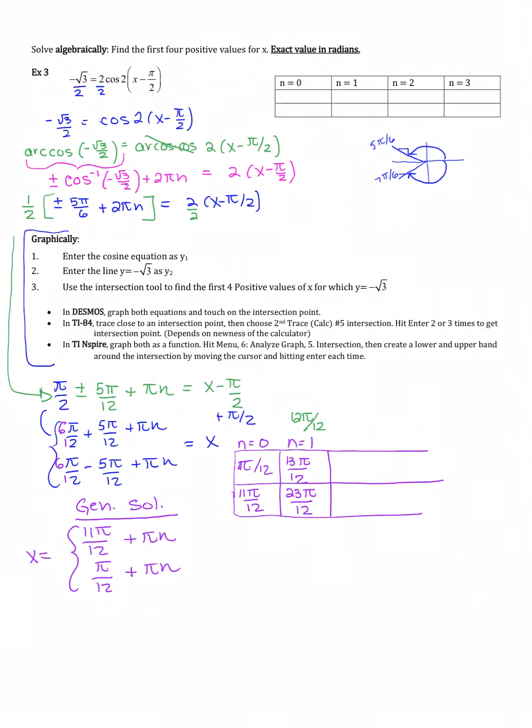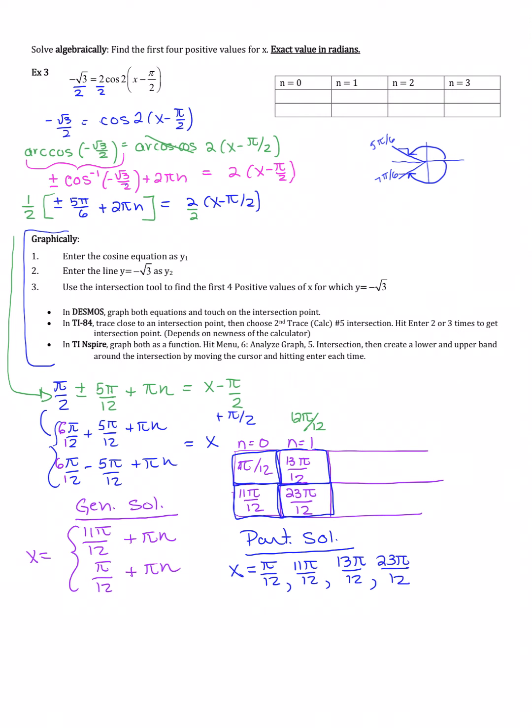And what did it want? It wanted the first 4 positive values, so at that point, I've got 4 positive values here. So what you would do, don't leave it in the table, is write my particular solution, and it's nice, you should always write them in order, so it's going to be pi over 12, 11 pi over 12, 13 pi over 12, and 23 pi over 12.